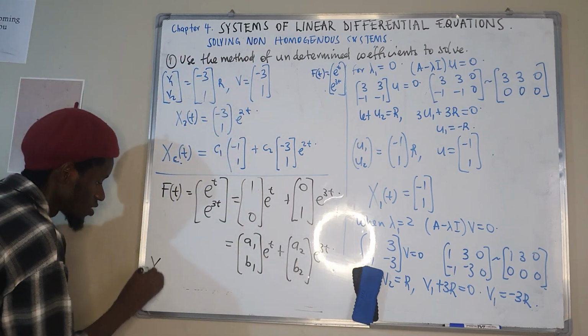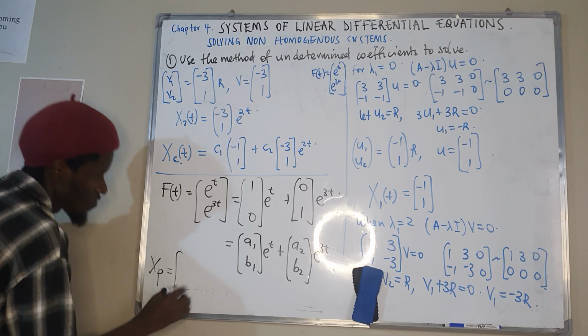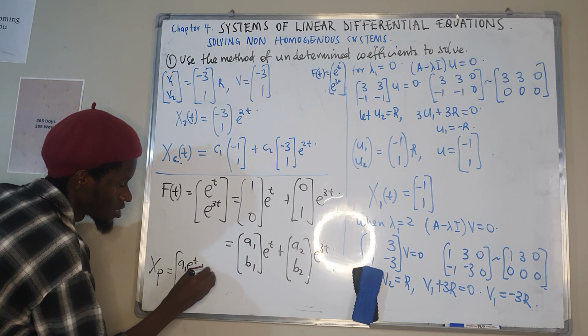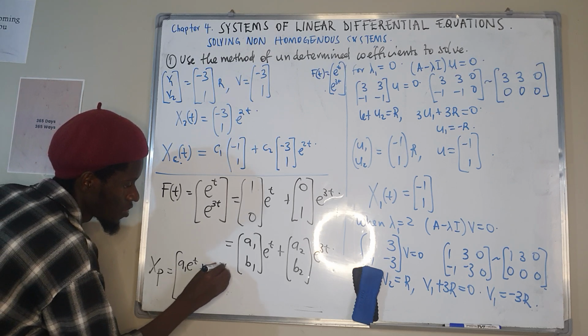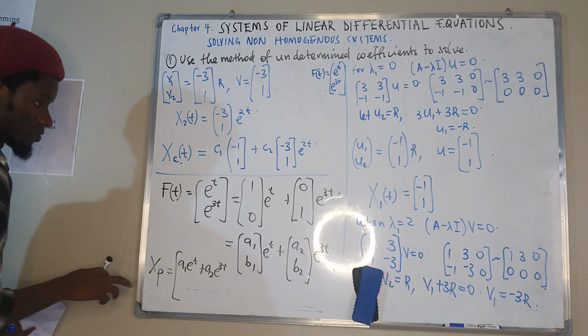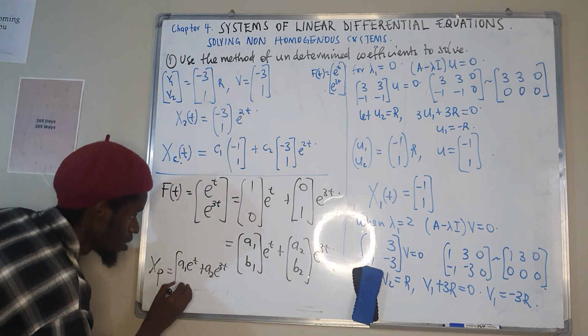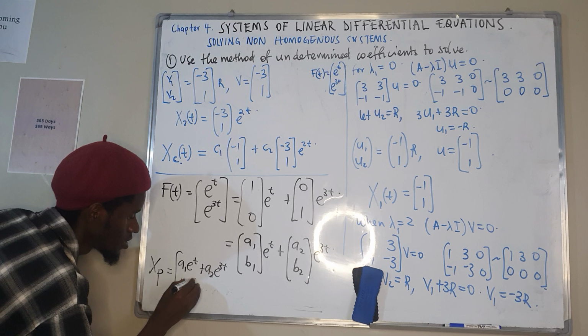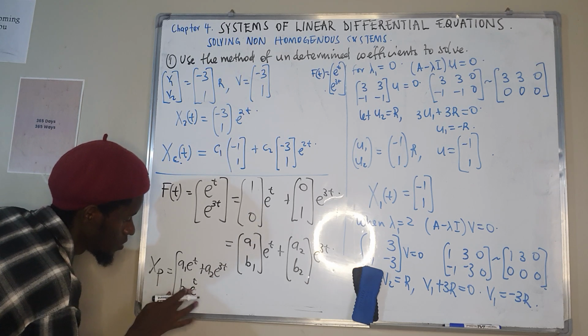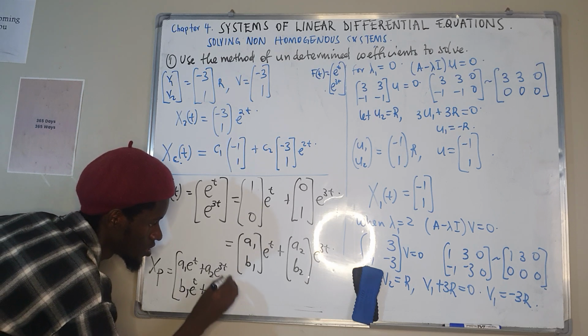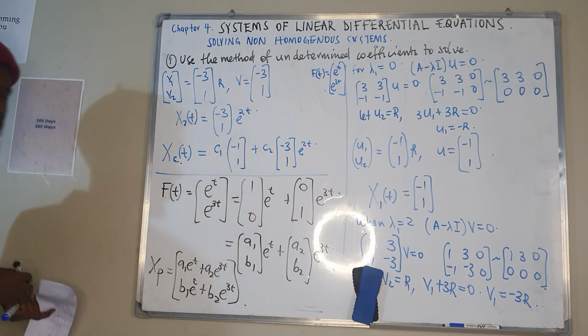Therefore my x_p is, if I add them, a1 e^t plus a2 e^(3t), together like this, and b1 e^t plus b2 e^(3t). This is going to be my x_p.